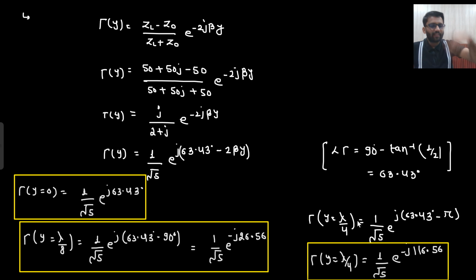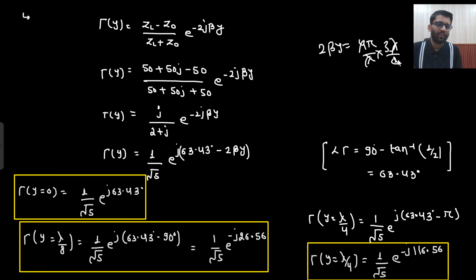Now at 3 lambda by 8 they are asking. So if they are asking at 3 lambda by 8, then from this one another 90 degree will be subtracted. Are you getting this point? Because what will be 2 beta y for 3 lambda by 8? That will be 4 pi by lambda into 3 lambda by 8, so that would be 3 pi by 2. So here pi by 2 was getting subtracted, here pi is getting subtracted, now 3 pi by 2 will be subtracted.